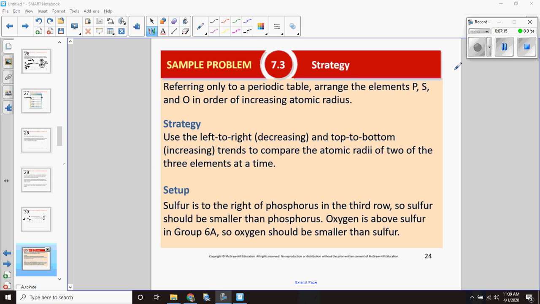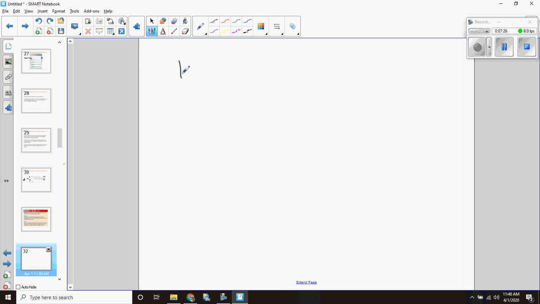So here's the typical question you're going to get. Referring only to a periodic table, arrange the elements P, S, and O in order of increasing atomic radius. So let's do that. It's helpful to put these atoms on the periodic table in the first place. Oxygen is at the very top, and right beneath oxygen is sulfur.